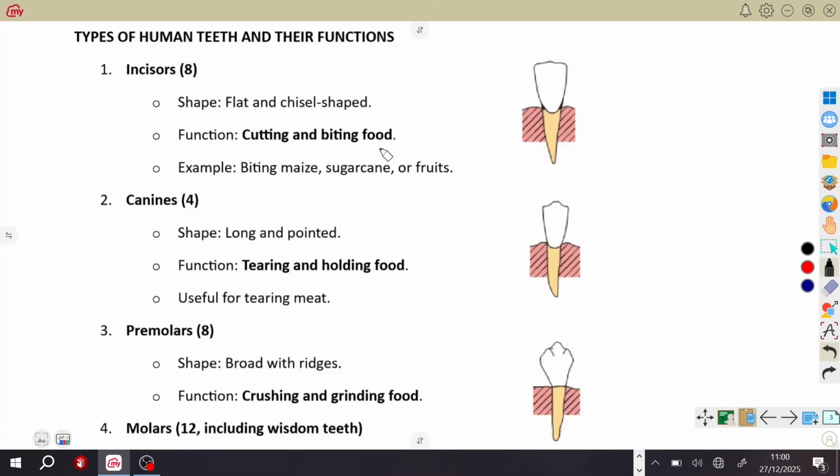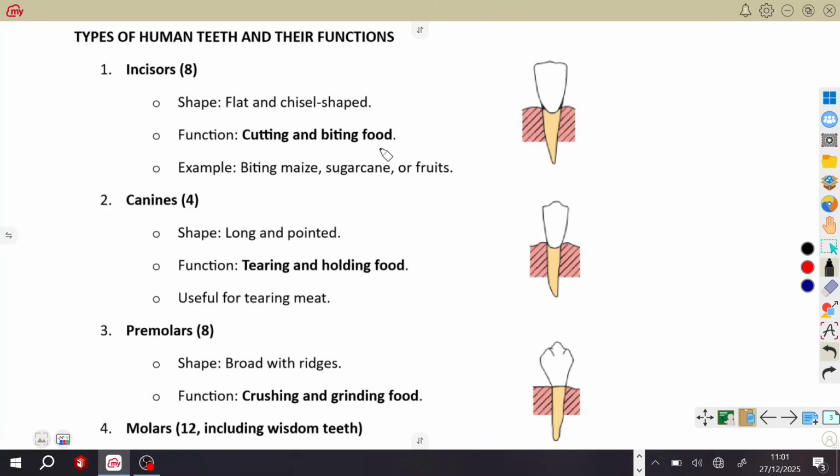So they're there to cut and bite, almost the same word. You know, this is English. For me, I can just say for cutting food, but then they're saying for cutting and biting. I think cutting and biting are one and the same thing, but they're saying cutting and biting.